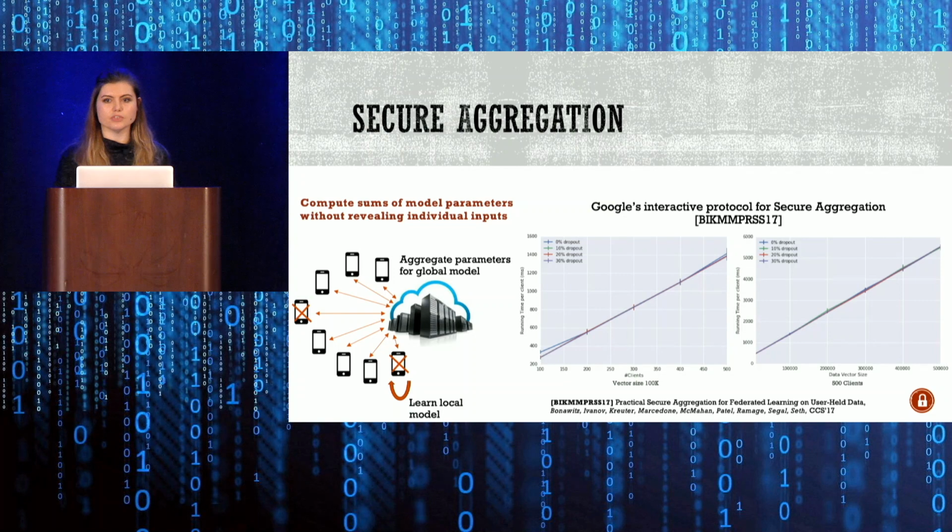So you can see that even if you have 500 clients and the length of the vectors is 500,000, the protocol still runs in a few seconds and seamlessly handles dropout of the parties in the protocol.